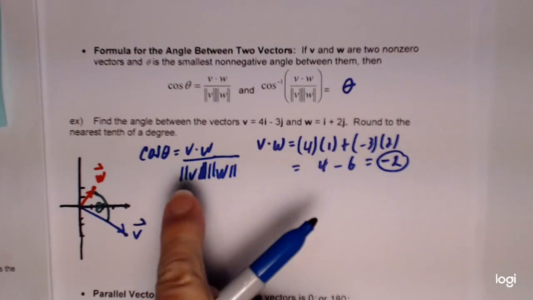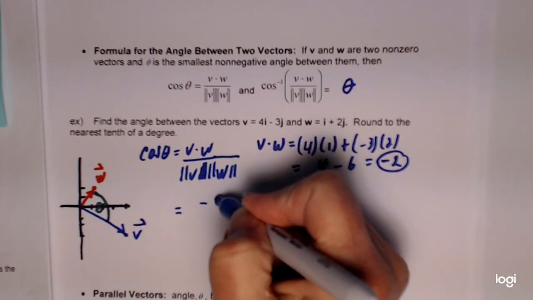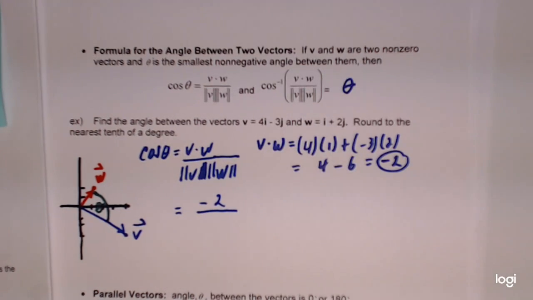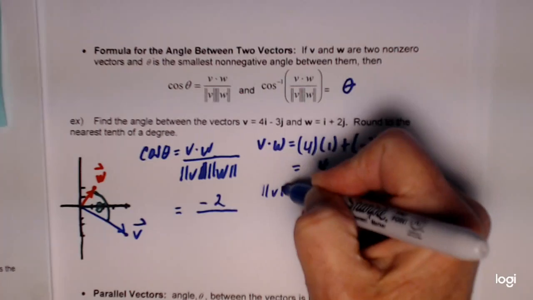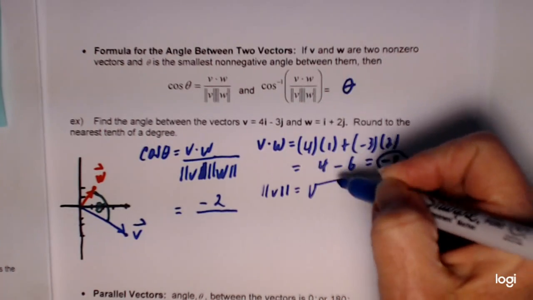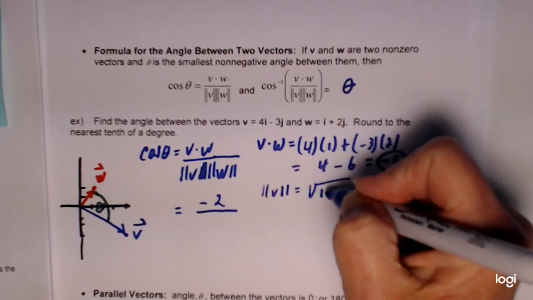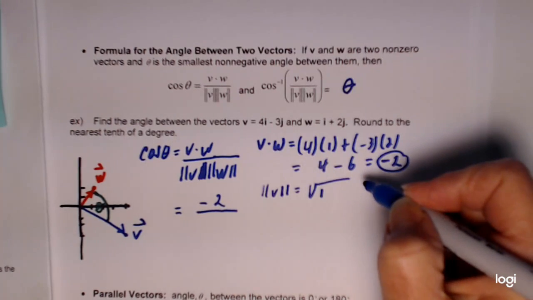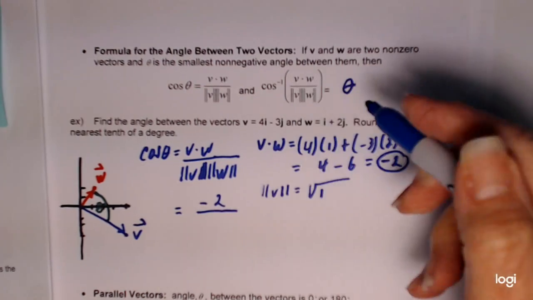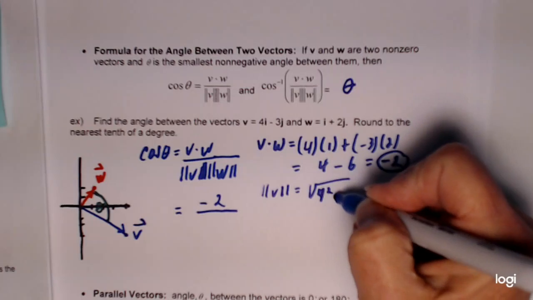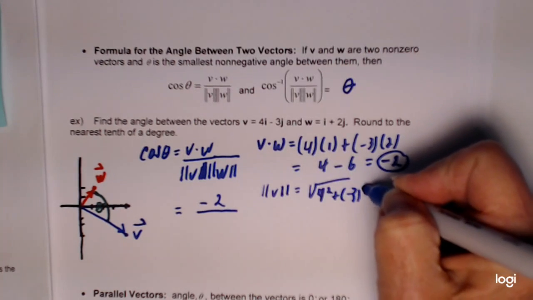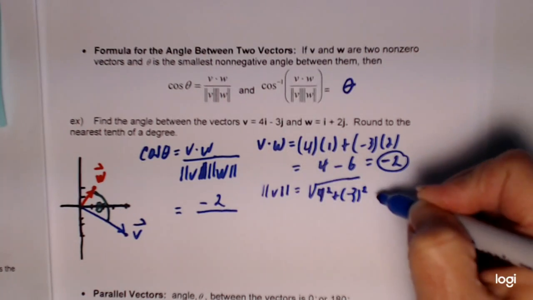So continuing here, v dot w, we have our negative 2 in the numerator. Now we need the magnitude of both. So magnitude of v, we're going to have 4 squared plus negative 3 squared.